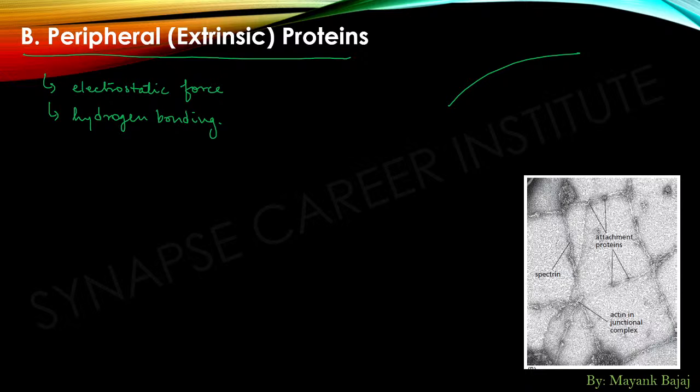That means if the membrane is here, the protein is here, and they are interacting with the lipid membrane. They are not attached; they are interacting with the lipid membrane.